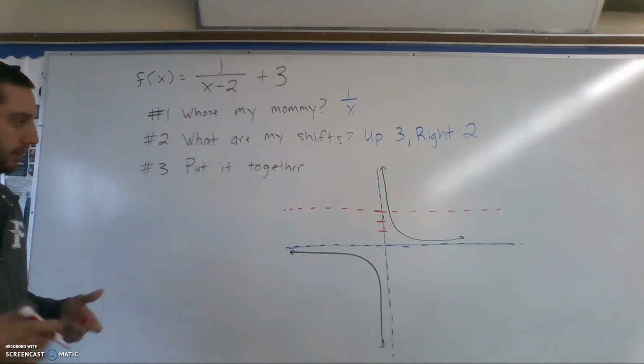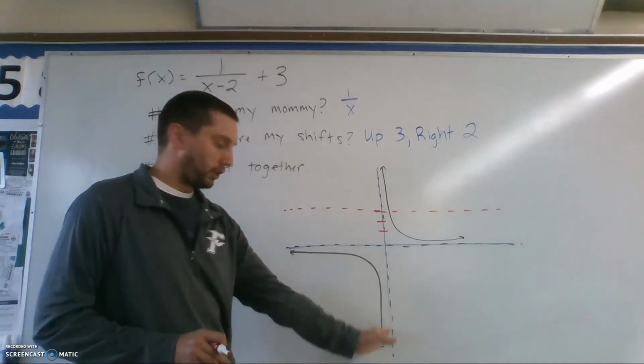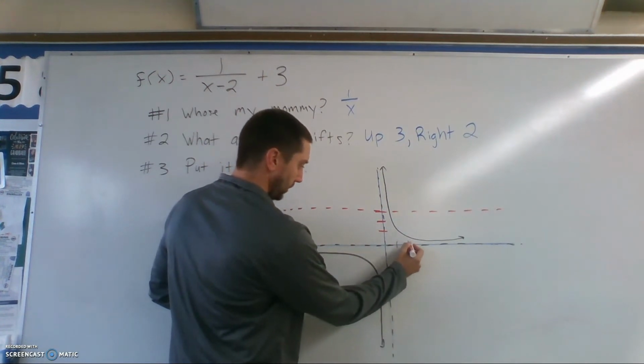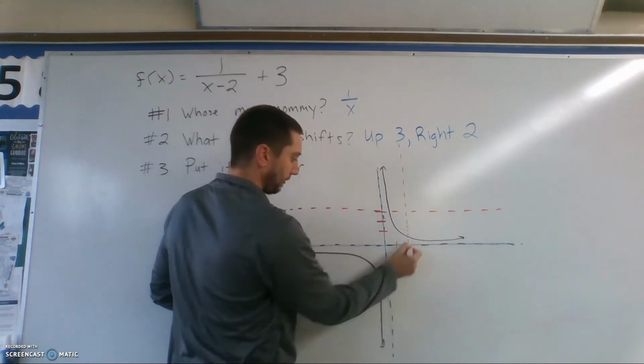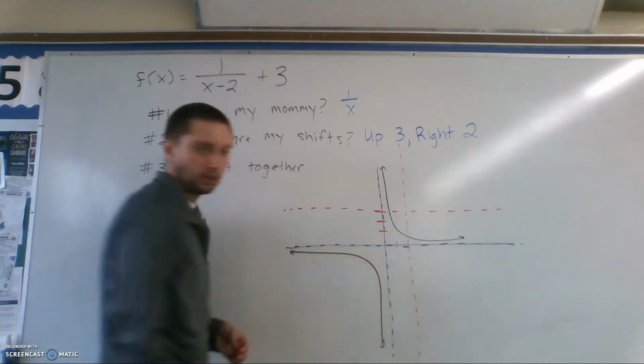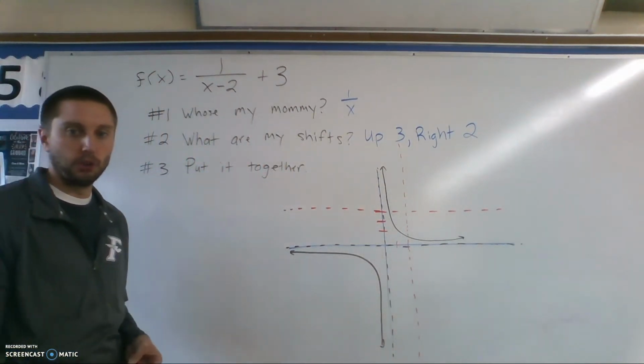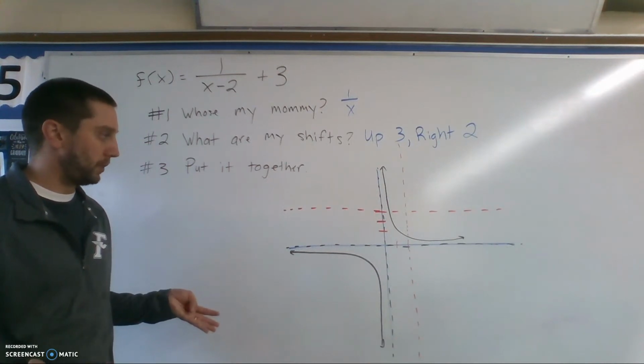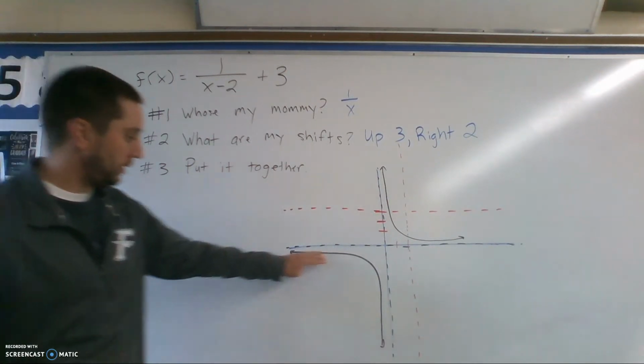Now, right 2. Well, what's going to happen if I move this graph right 2? I have this vertical asymptote that's at 0. So if I go right 2, now it's going to be at 2. So those red dotted lines, those are my new asymptotes. So up 3, right 2. And then how do I know where to put the rest of the graph?